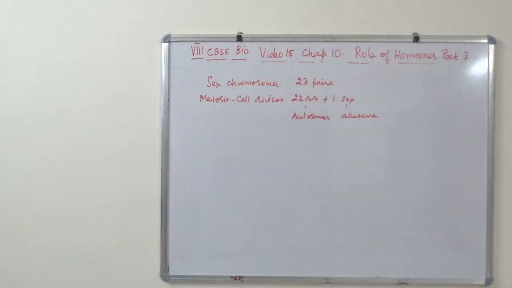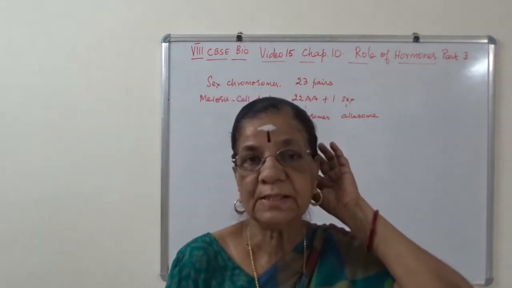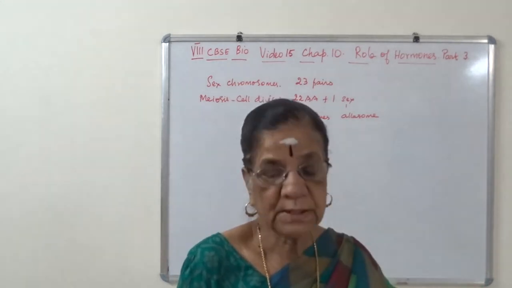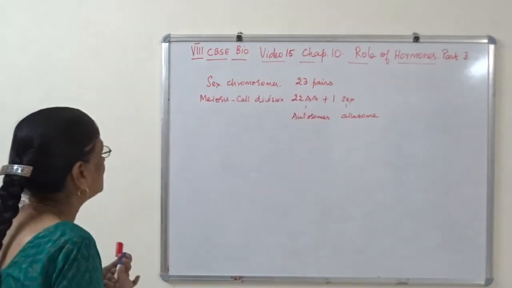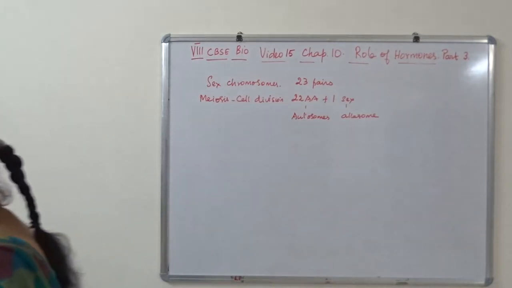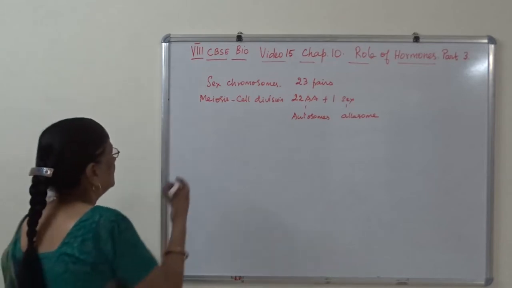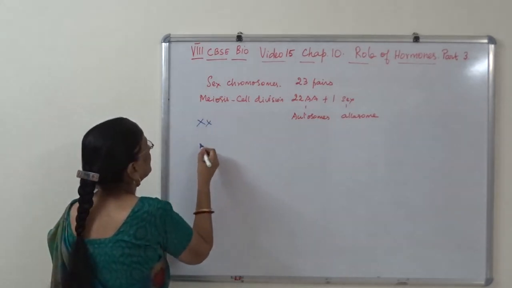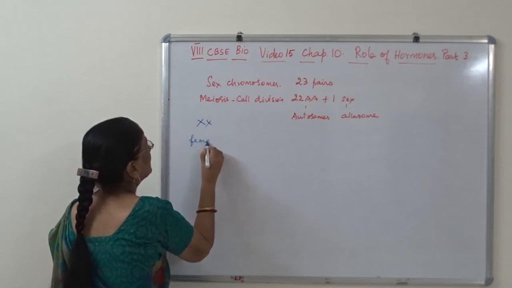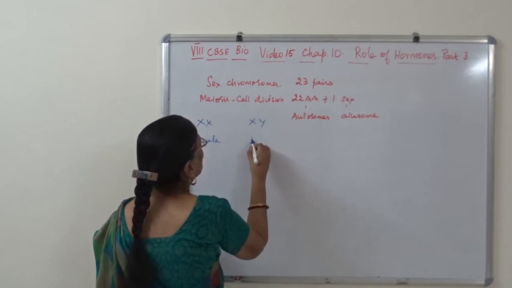Now in humans, sexes are separate, so we say humans exhibit sexual dimorphism, where the female is represented by XX and the male by XY.